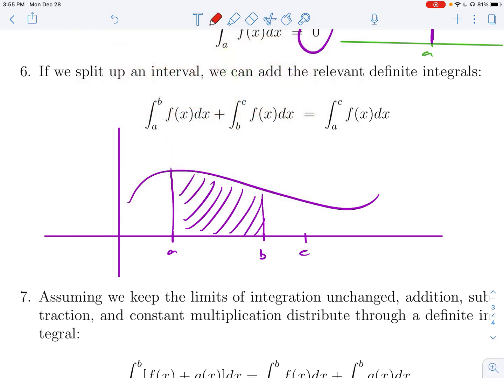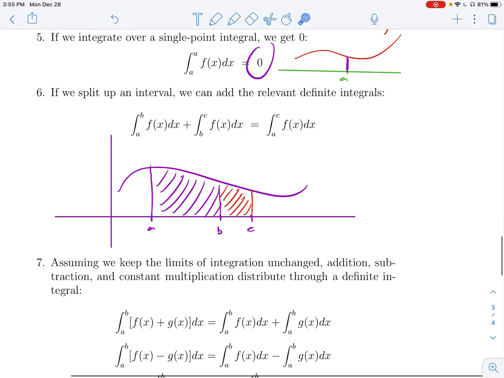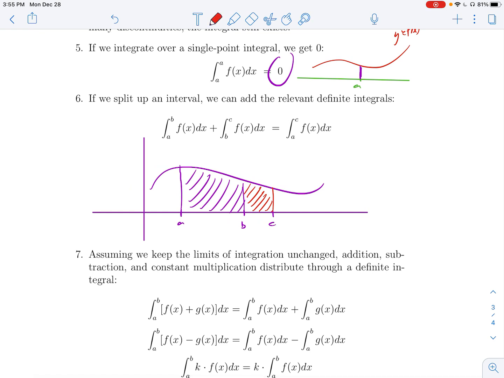The definite integral from b to c represents this area in red. If I add them together, I get the definite integral from a to c. And in fact, this still works even if a, b, and c are in the quote-unquote wrong order. If they're in the wrong order, something is negative and we're really subtracting, but it all works out.